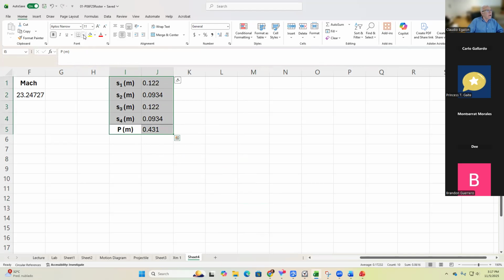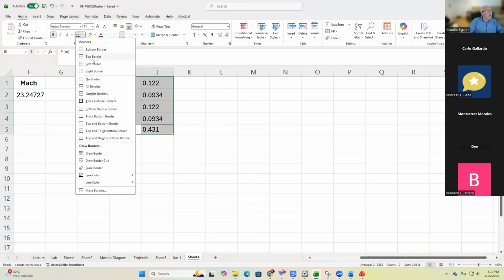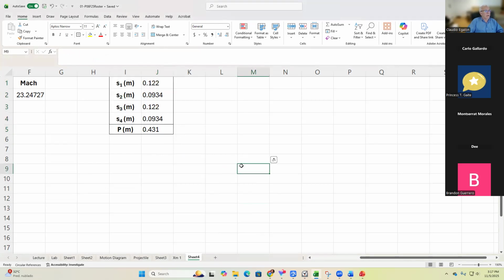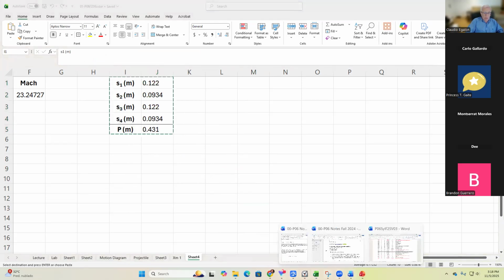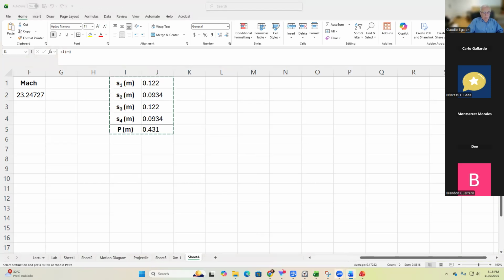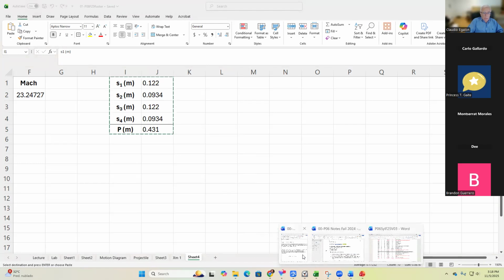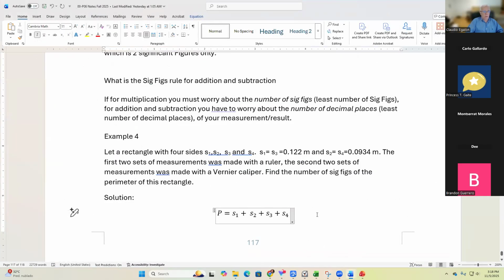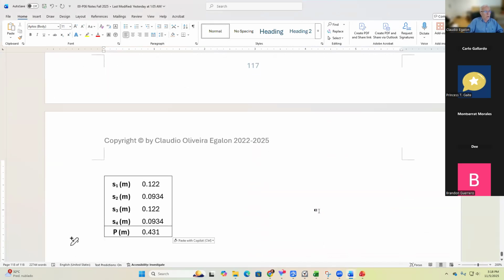Now I can go ahead, copy this, and paste it in my document. Did you get the idea? So the same rule applies for subtraction. And you're going to use this rule here.